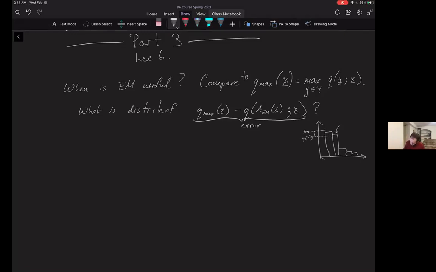Okay, so here's what we can prove. If Y is finite, and let's say it has D possible values, so we'll just number them 1 through D.